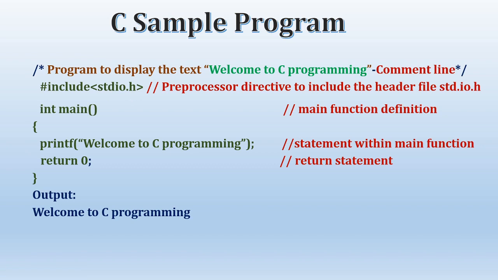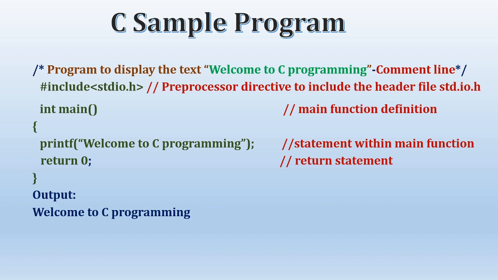After that you can see two parallel lines, and there you have written the preprocessor directive to include the header file. This double slash is for a single line comment. So while writing a C program, we can provide comments so that your program is well documented. Anybody can read and understand what your program is actually doing.